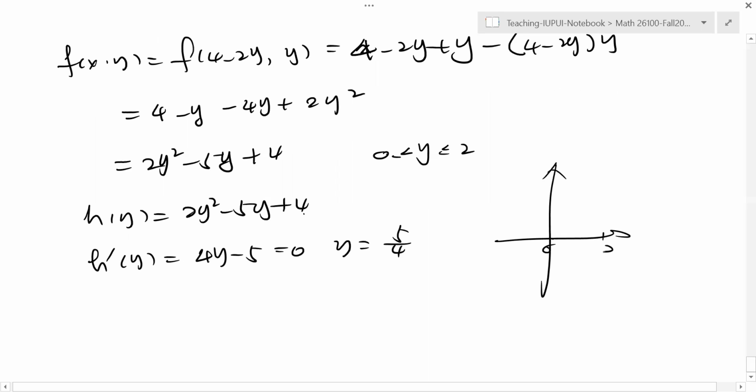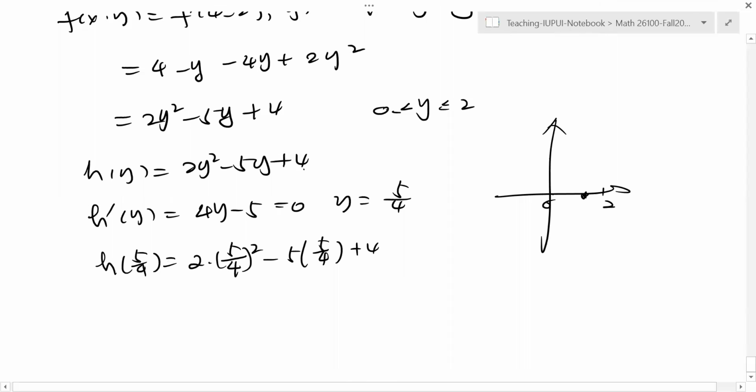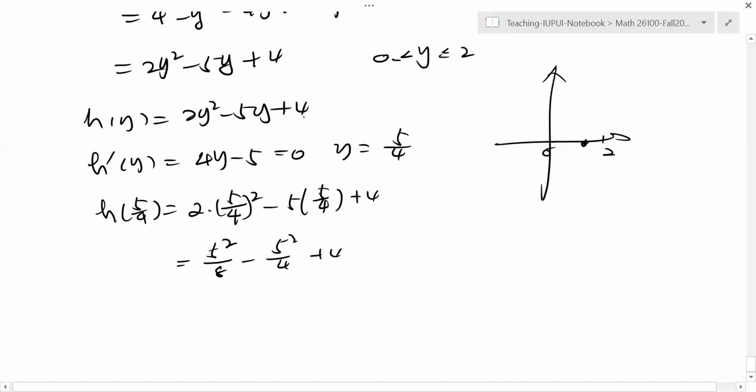Okay, so this is the graph, and here's 0, here's 2, this is a point. Let's see, what is the minimum value of the function? It's going to be 2 times (5 over 4) squared, minus 5 times 5 over 4, plus 4. Let me check.